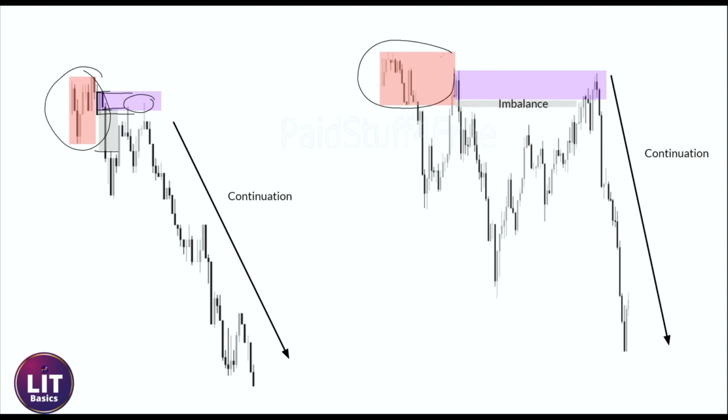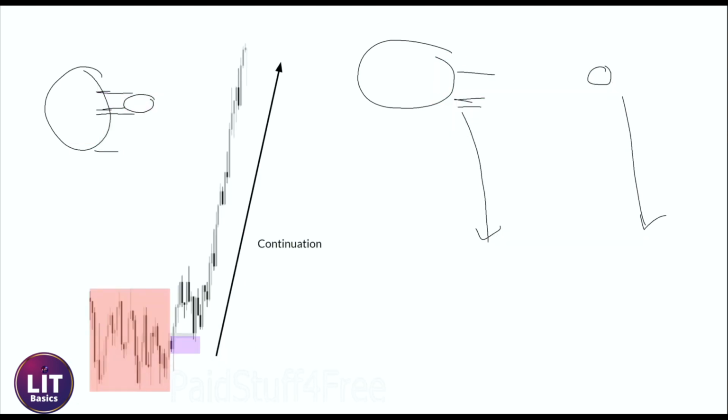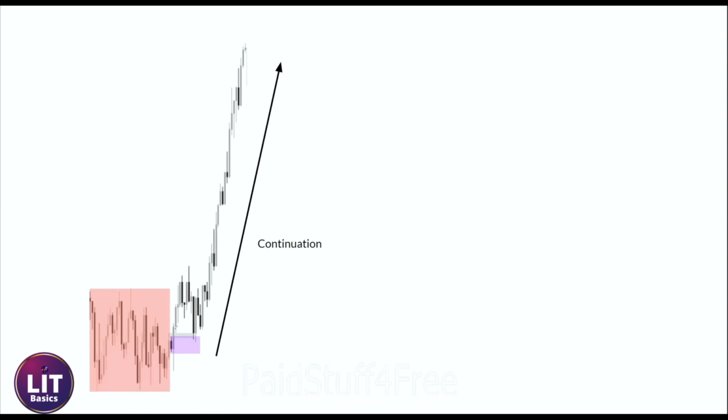Here, supply zone, push away, leave our imbalance, and then again, supply candle, we come back, tap in, continue. Nice and simple. Same thing again and again. Imbalance, demand zone, demand candle, push off, continuation, like so.